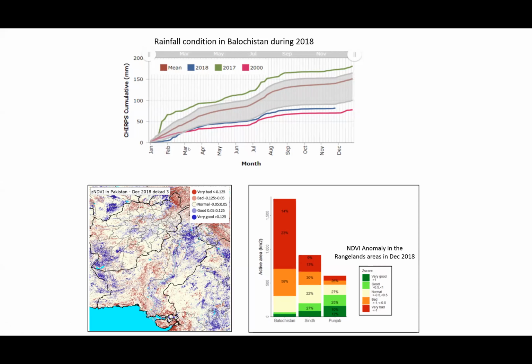That is the concern you need to keep in mind: you communicate the area under good condition and the area under bad condition, and that will be better to communicate to the end users. For example, this graph shows the percentage of a province in bad situation, good situation, and so on. That's very important. When you monitor a particular indicator, you also aggregate in a way that you don't lose the essence of the information.